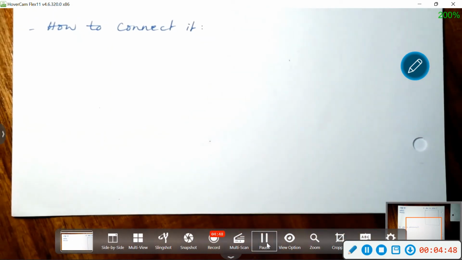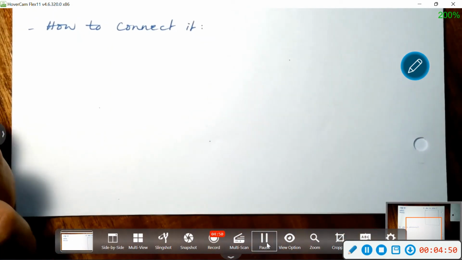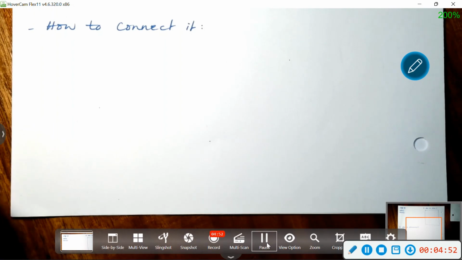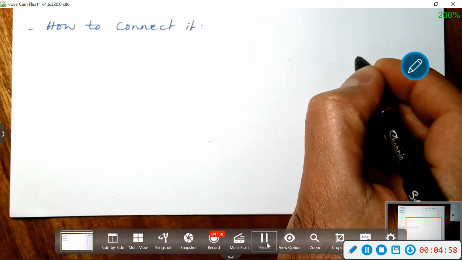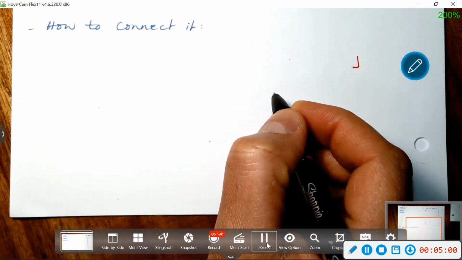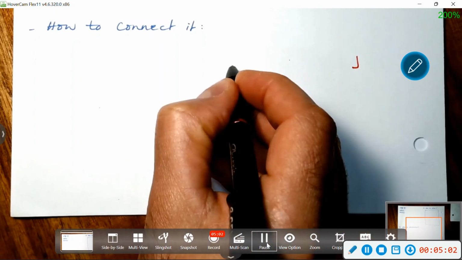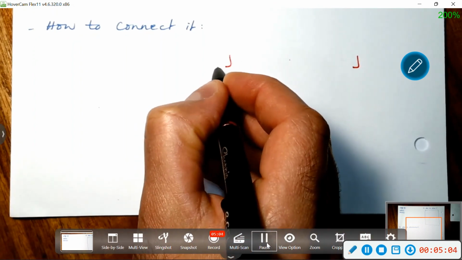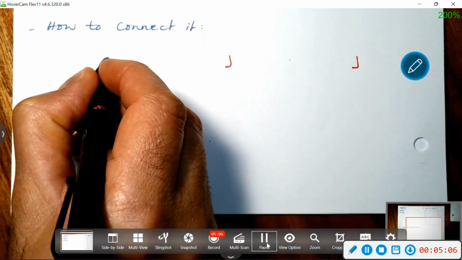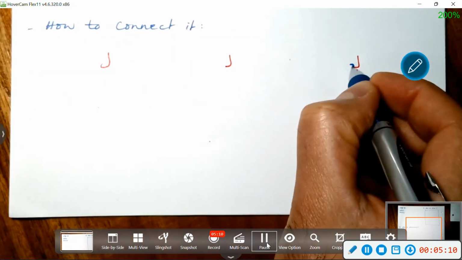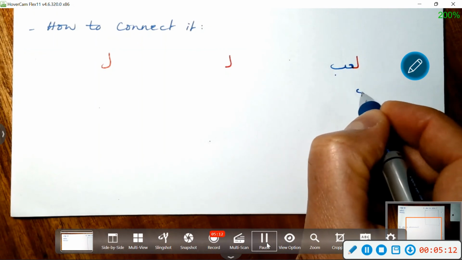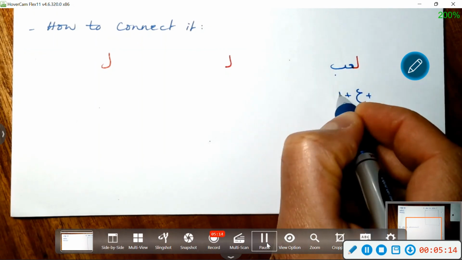Now let's see how to connect the letter. The first word لعب. Second word يلعب. The last word بديل. So لعب, lam, ain, ba: ain plus ba, لعب.